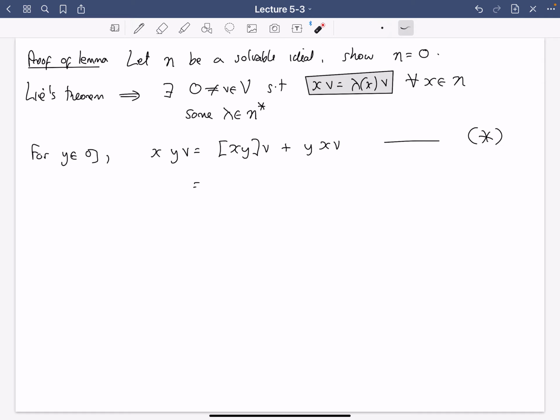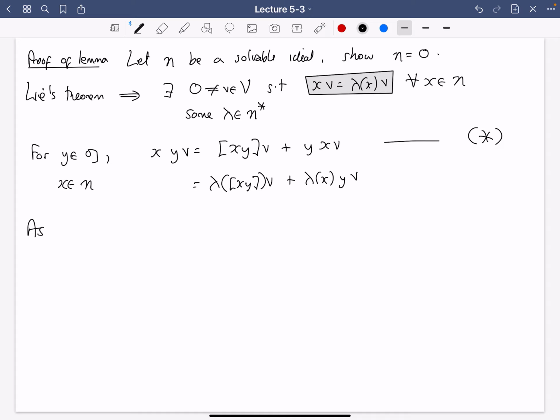But since x is in n, [x,y] is in n, so that's lambda of [x,y] v, and x is in n, so that's lambda of x y v. So this is just the same formula at the start, star, that we were using when we were proving Lie's theorem.